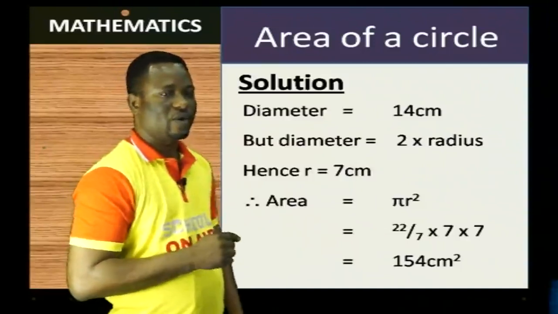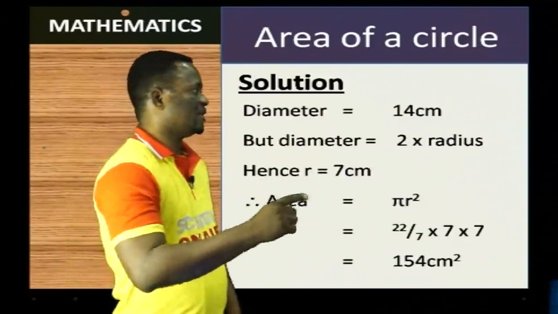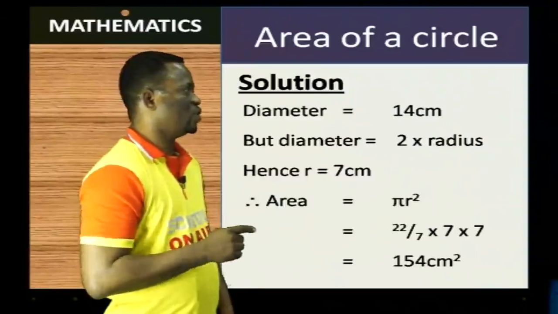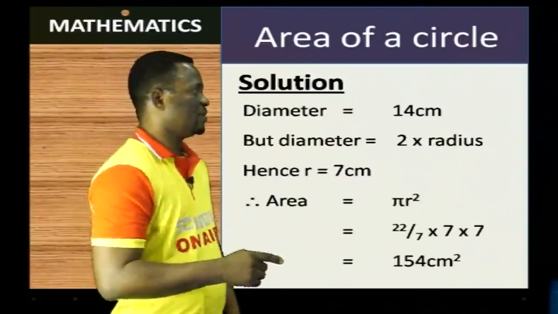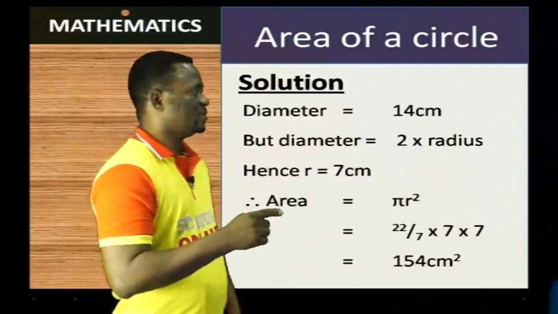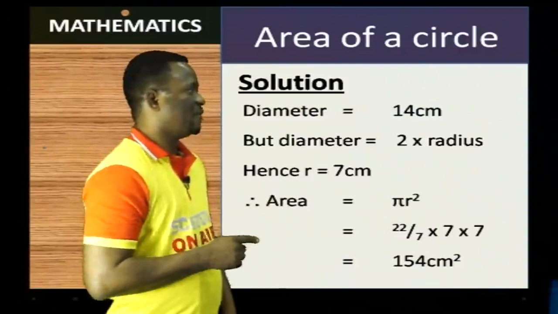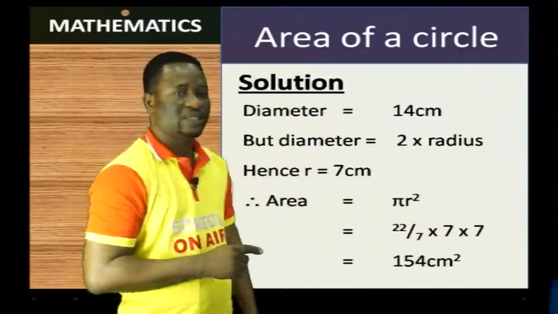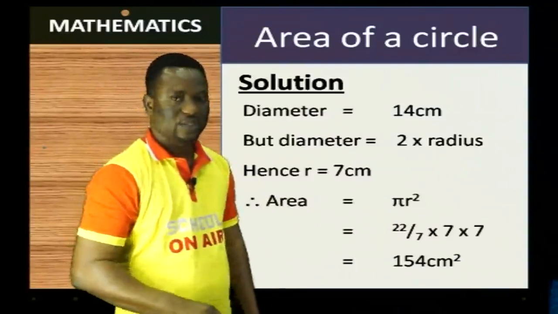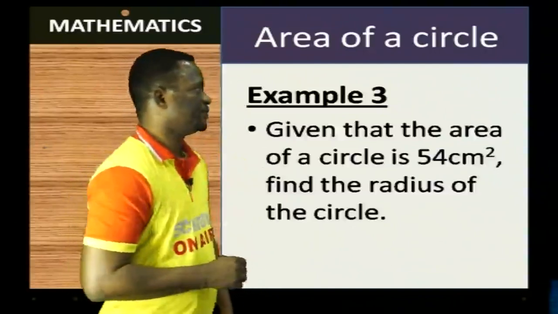Definitely to get 1 radius, we have to divide 14 by 2, hence our r is 7 centimeter. Therefore, area is equal to pi r squared as usual. So we have 22 over 7 times 7 times 7. 7 will cancel 7. We have 22 times 7, and that gives us 154 centimeter squared. Centimeter squared and not centimeter.